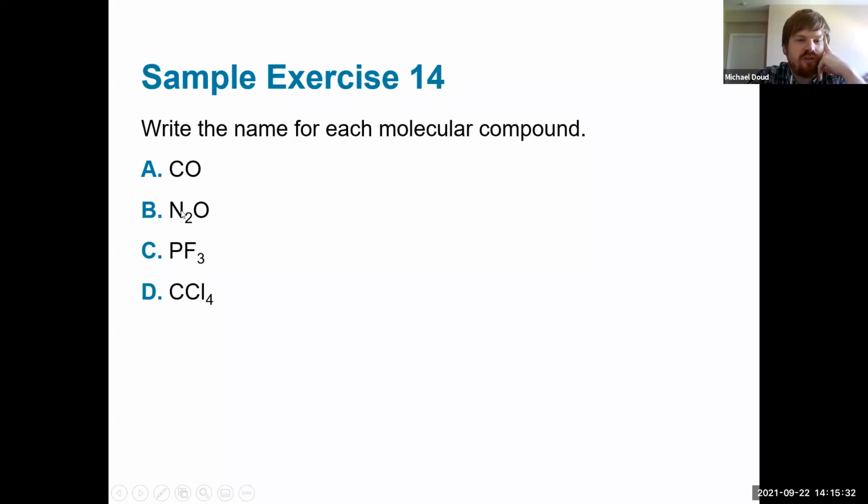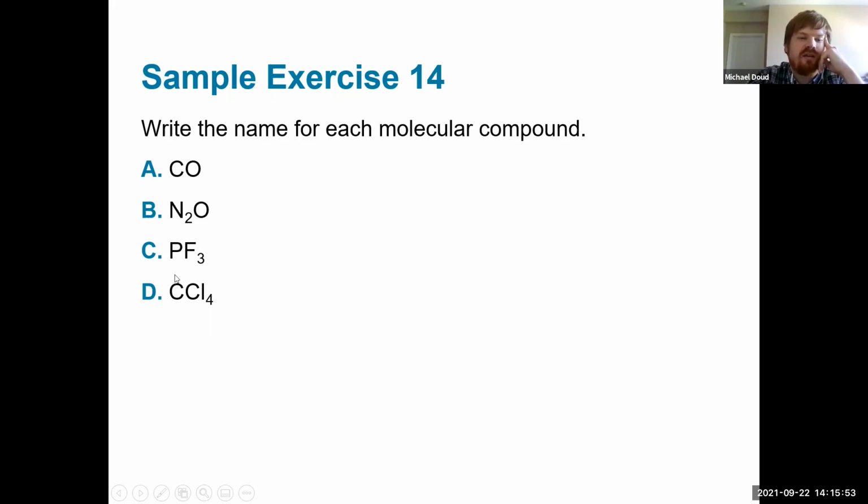B, we have 2 nitrogens and 1 oxygen in the second step. So this should be dinitrogen monoxide, or as your book would say, dinitrogen oxide. C, we have PF3, P is phosphorus, F is fluorine. So it's going to be 1 phosphorus, so phosphorus trifluoride.